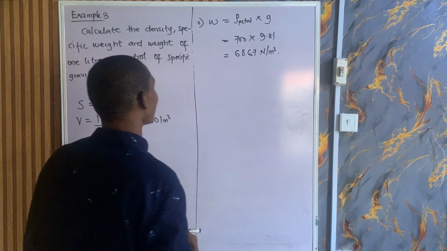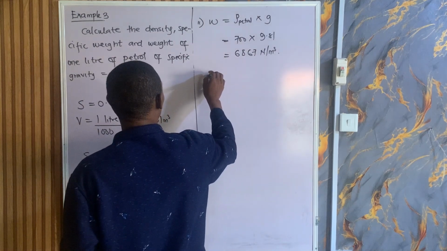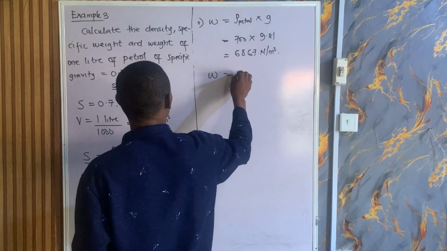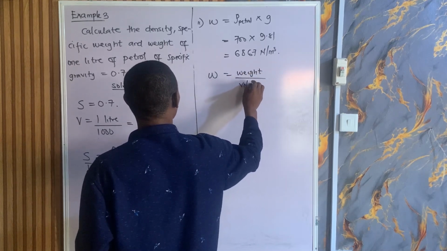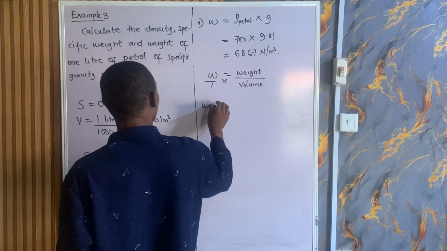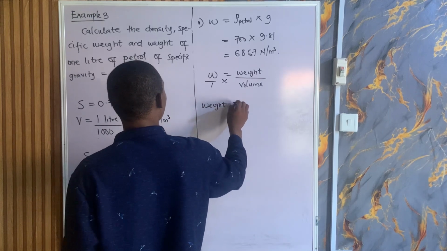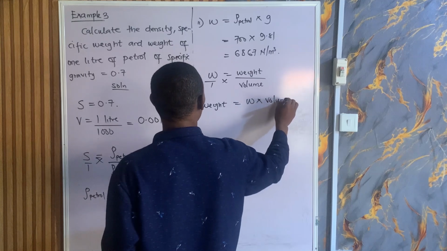Okay, and we are asked next to get the weight. We know that specific weight is weight over volume. So if we cross multiply this, we get our weight is equal to specific weight times volume.